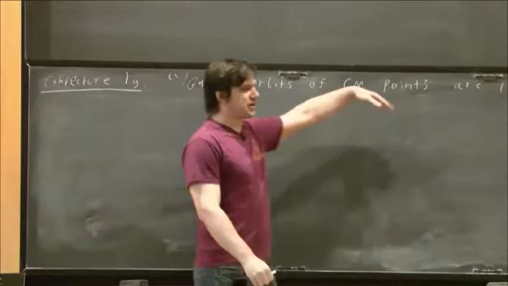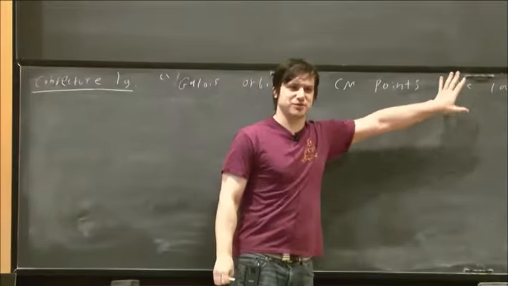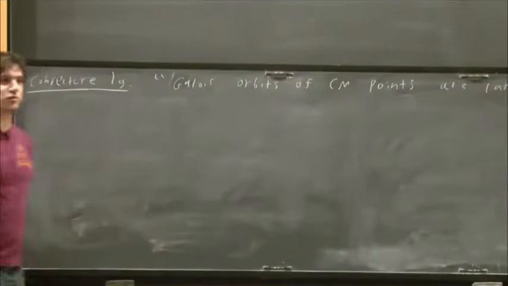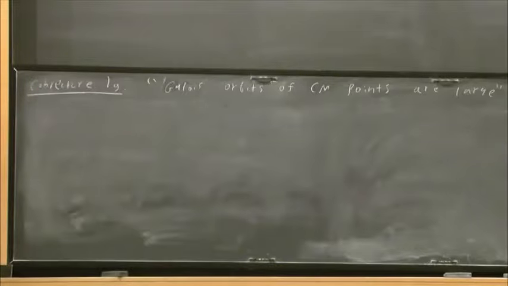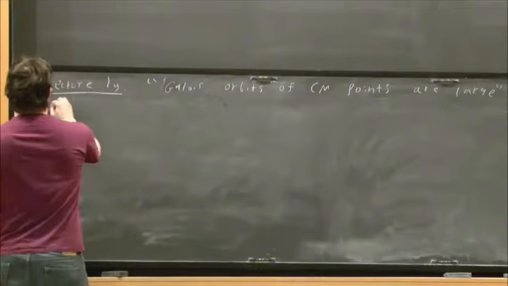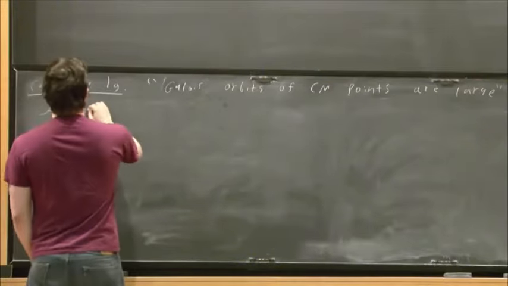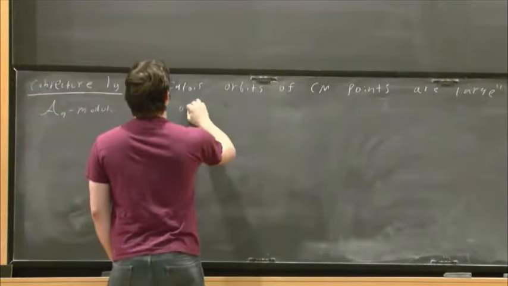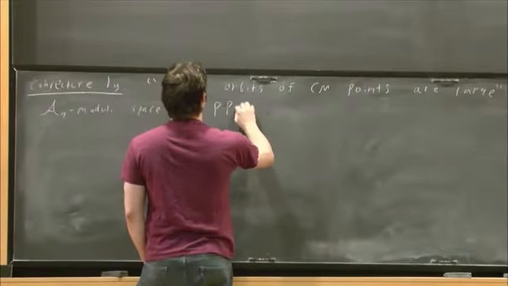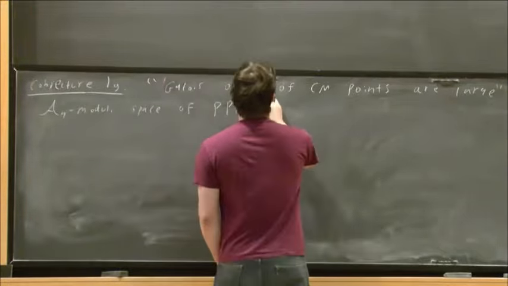So there's a conjecture you can make for any Shimura variety. Let me keep things relatively simple by only saying what it is for A_g, which will be the subject of my talk in any case. So let A_g be the Shimura variety which is the moduli space of principally polarized abelian varieties of dimension g.